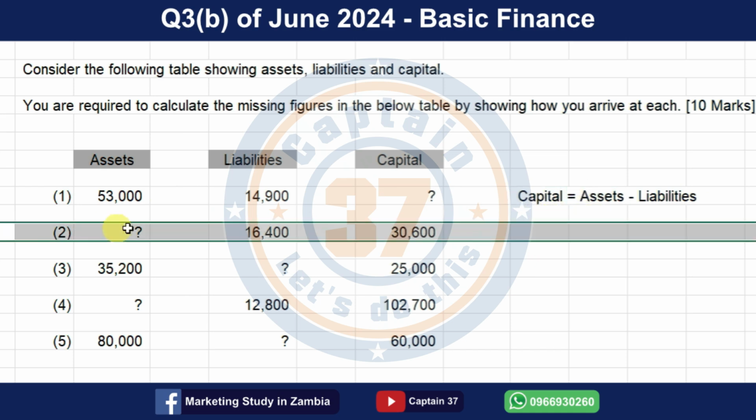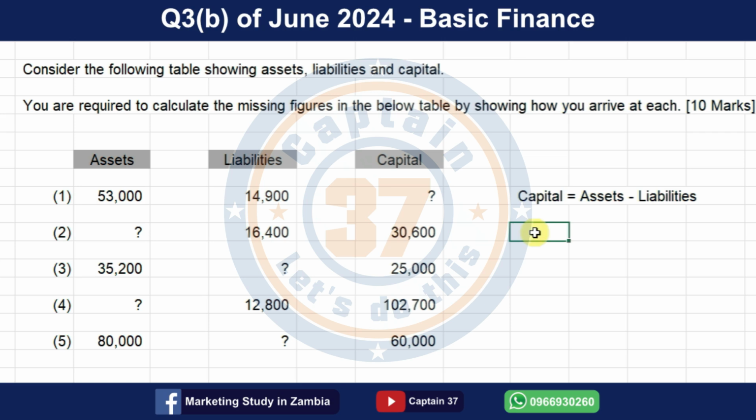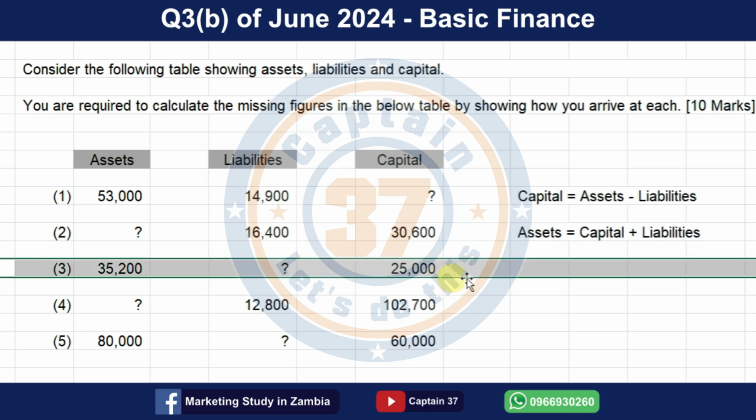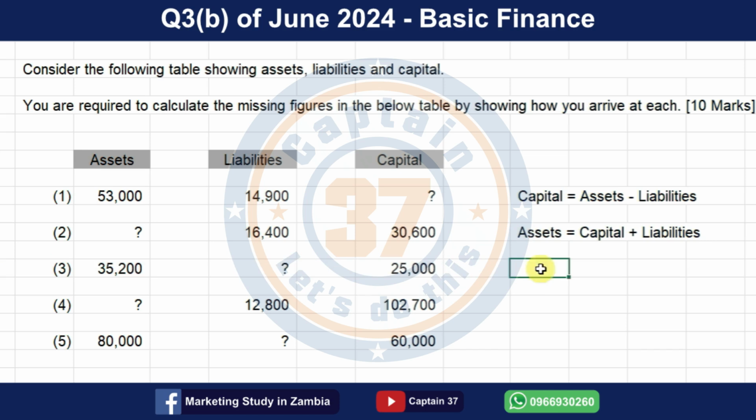Here, assets is what we want, so it will remain the way it is in its original state: assets is equal to capital plus liabilities. For number 3, it is liabilities. We make liabilities the subject of the formula, so liabilities is equal to assets minus capital.